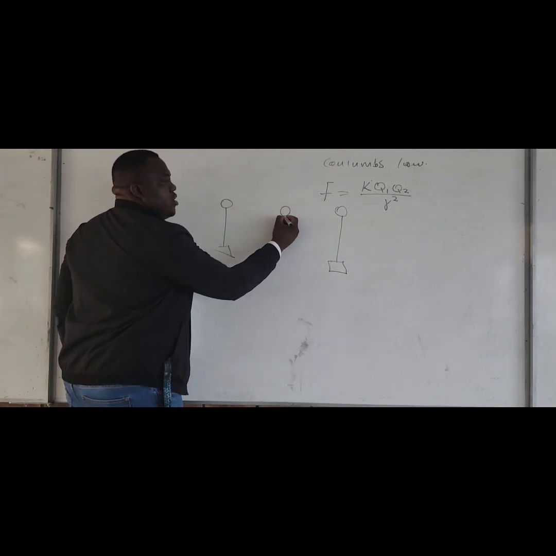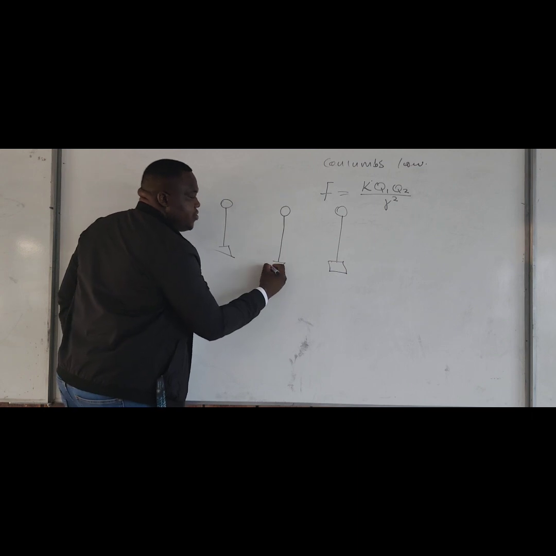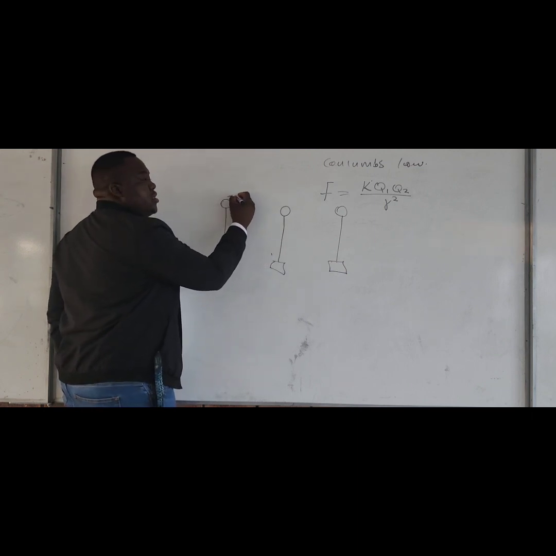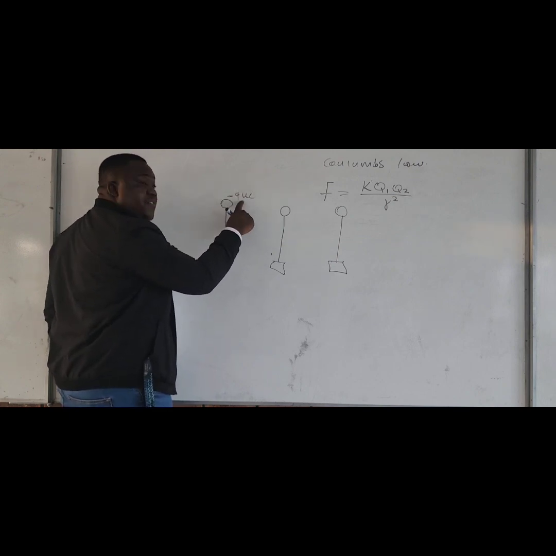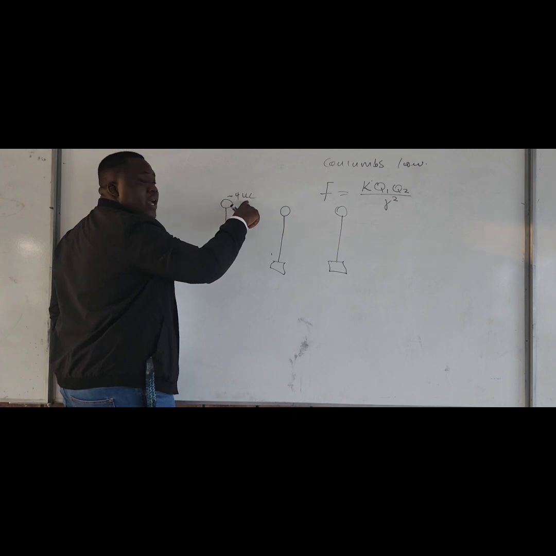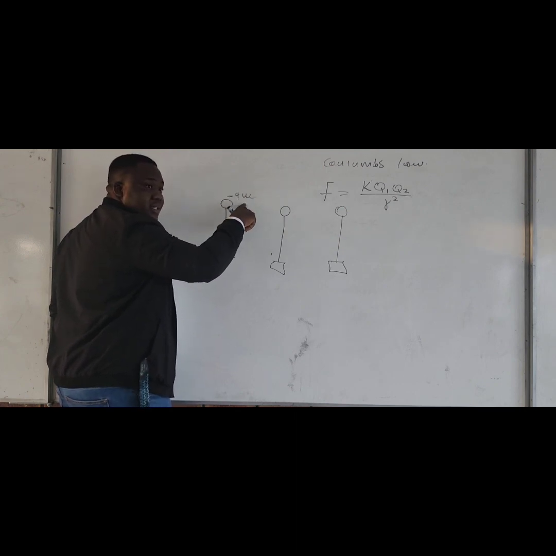Then they introduce a third sphere, which is -4 µC. We know this is not just µC; this is -4 multiplied by 10 to the power minus 6, because I told you in the introduction that µ is micro. Sometimes they can write n, which is nano, 10 to the power minus 9.